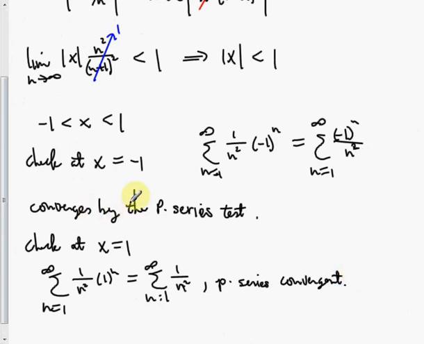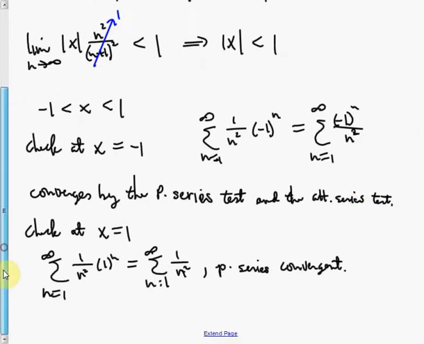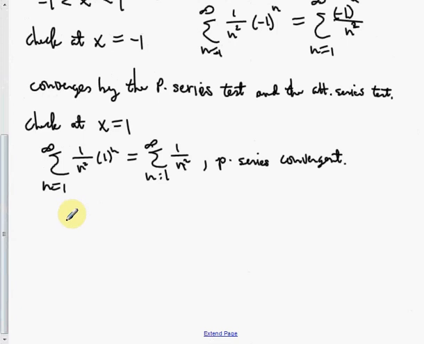So the first one converges by the alternating series test, and here we get convergence on both sides. So the interval of convergence is from -1 to 1. We put brackets on both sides.